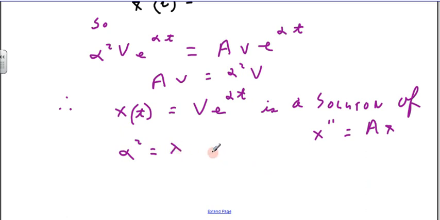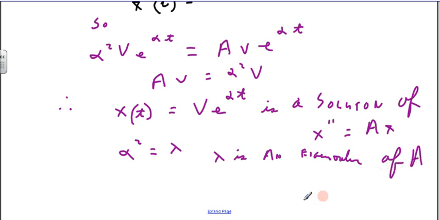Where lambda, the eigenvalue, is an eigenvalue of matrix A, and with v being the associated eigenvectors. Okay.